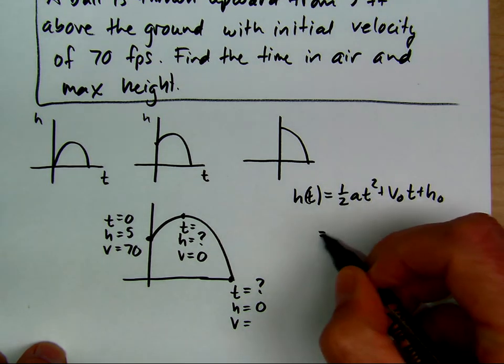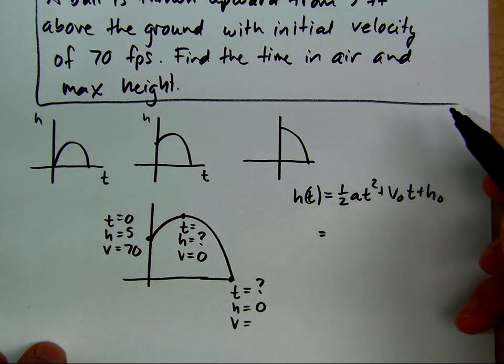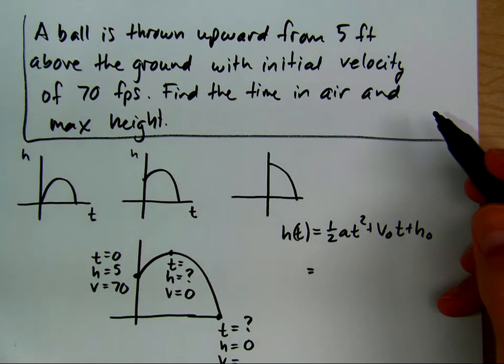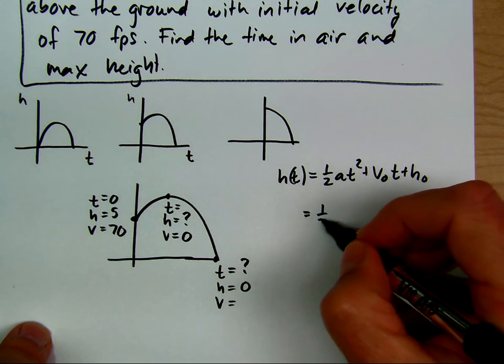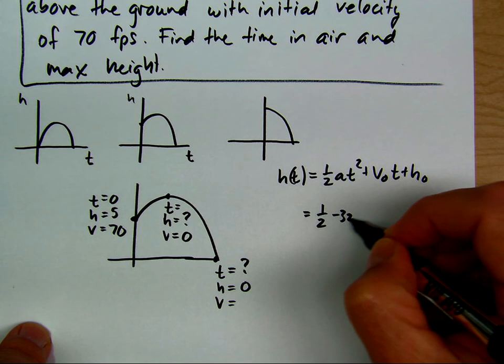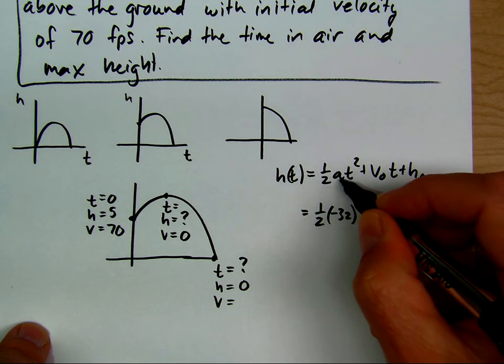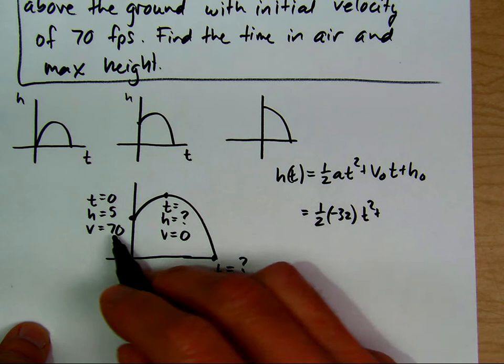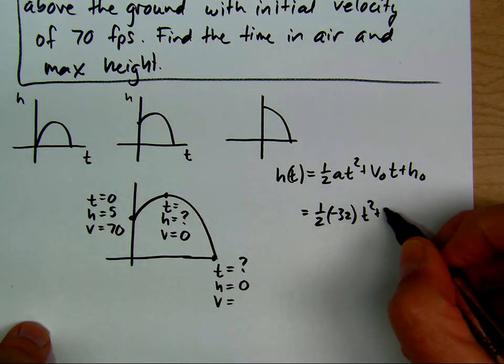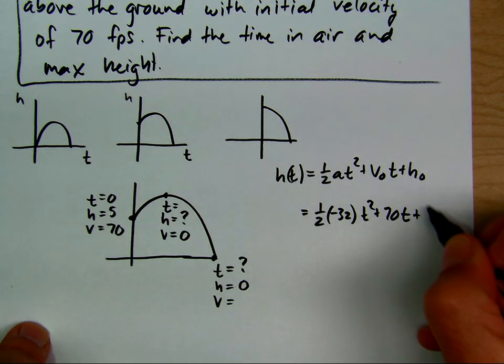and since the characteristics, the values are given in feet, let's make sure we have feet here. Negative 32 is A. Initial velocity is 70. Initial height is 5.